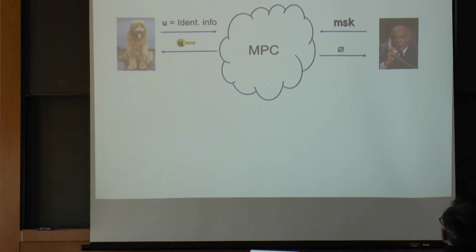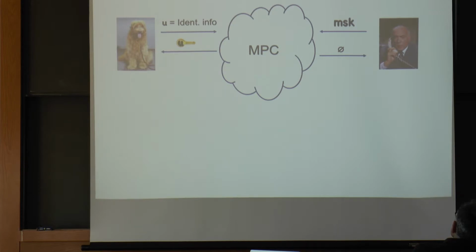An example in the content distribution setting would be that you're embarrassed that you're subscribing to a particular content, and you don't want that to be publicly known. You could pay for it with anonymous cash like Bitcoin, so that your identity is completely hidden. But the content distributor still wants to be able to trace and learn your identifying information so that they can go after you should you leak your key.